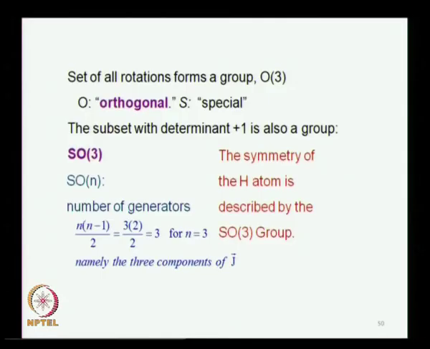So, they constitute the SO3 group, and the symmetry of the hydrogen atom is described by the SO3 group. But as we are going to learn in the next few classes, there is more to this. So, this is our elementary introduction to the symmetry of the hydrogen atom, that this is described by the SO3 group.